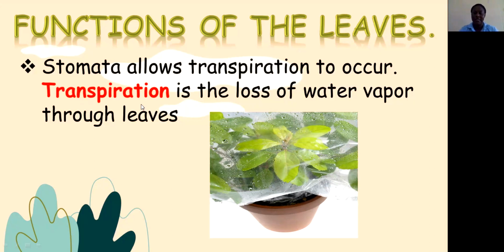So we have photosynthesis and we have transpiration. Photosynthesis is a process in which plants make their own food, and transpiration is the loss of water through the leaves. It's a process in which plants lose water through the leaves.